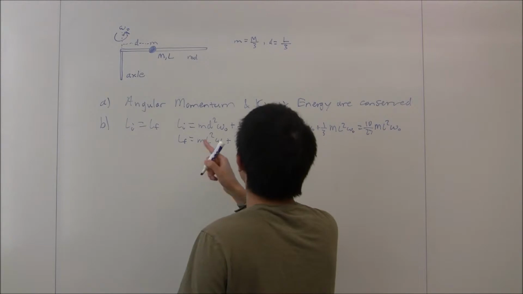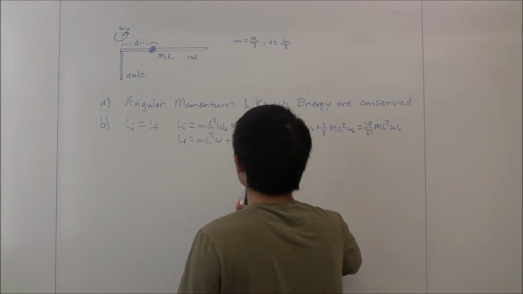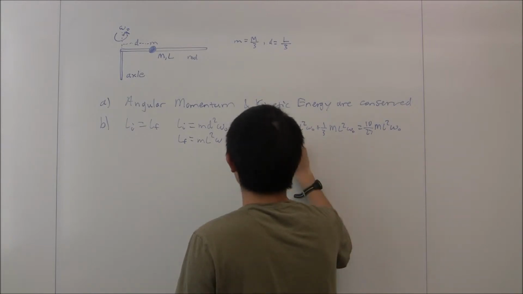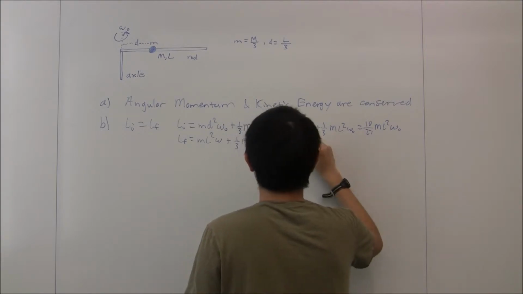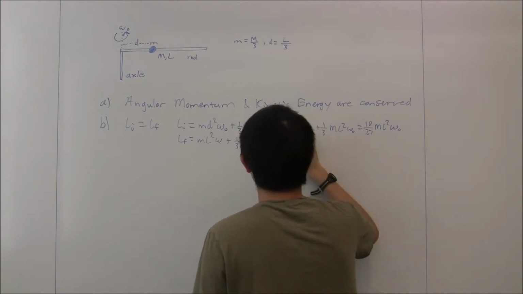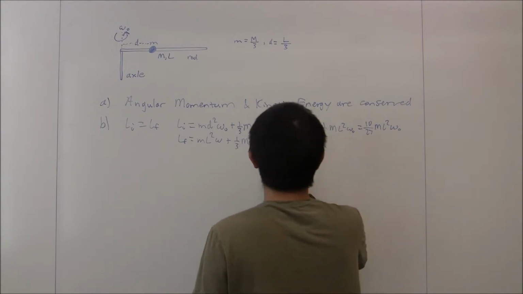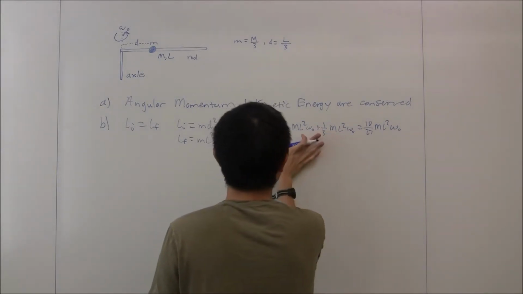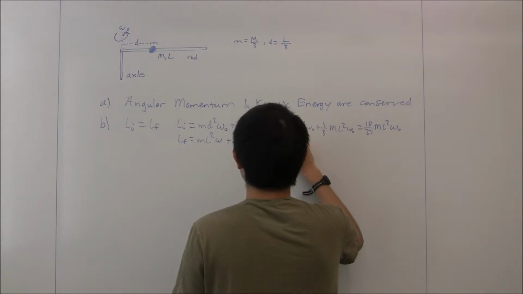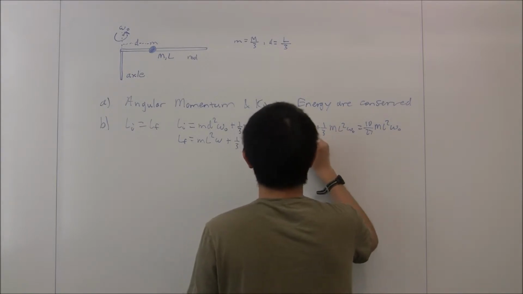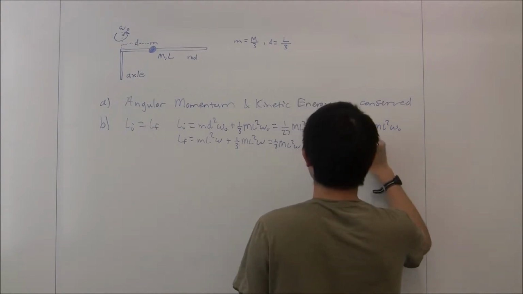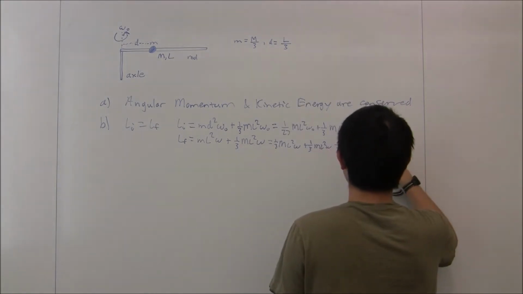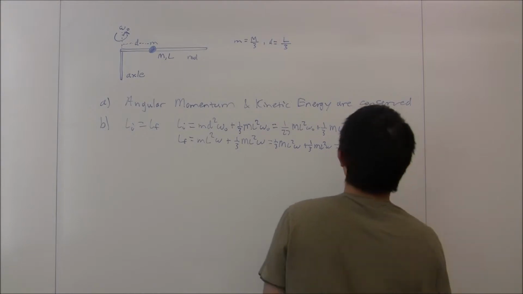So simplifying this, we have that little m is big M over 3. So this is 1/3 big M L squared omega plus 1/3 big M L squared omega. Simplify this down to 2/3 big M L squared omega.